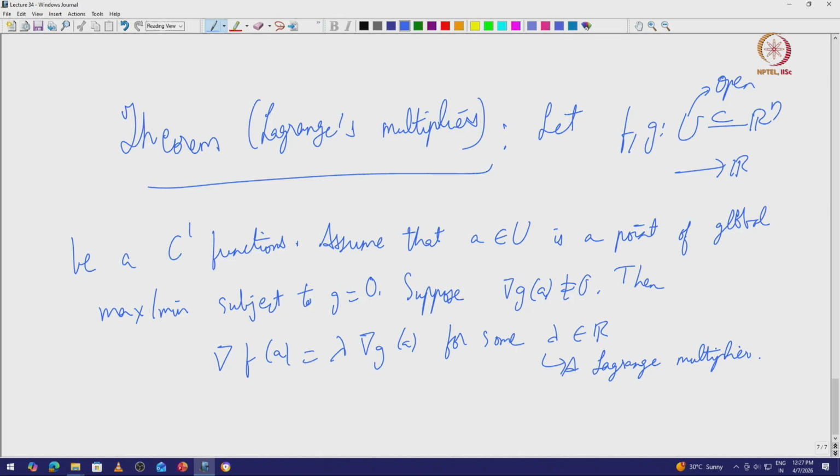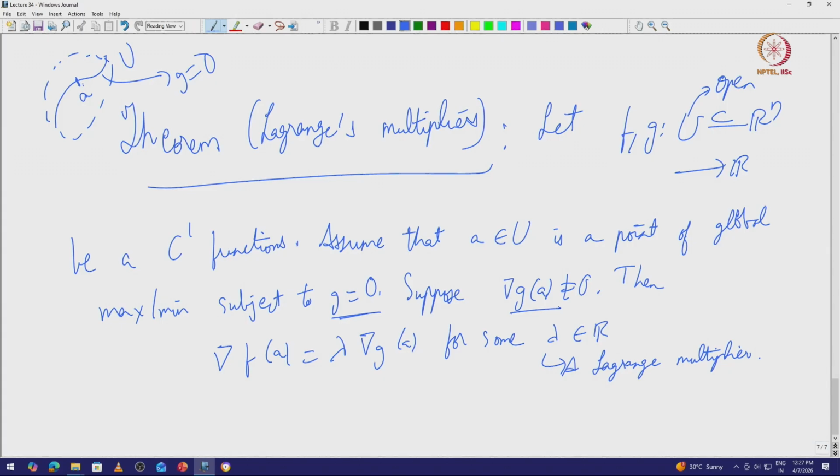This is saying, suppose you have two C1 functions on an open set, and suppose you have a point, let's maybe draw a small picture. This is an open set, and if you take the constraint g equals 0, presumably it's something like this. This is g equals 0. Suppose you have a point A here such that the gradient of g of A is not 0.